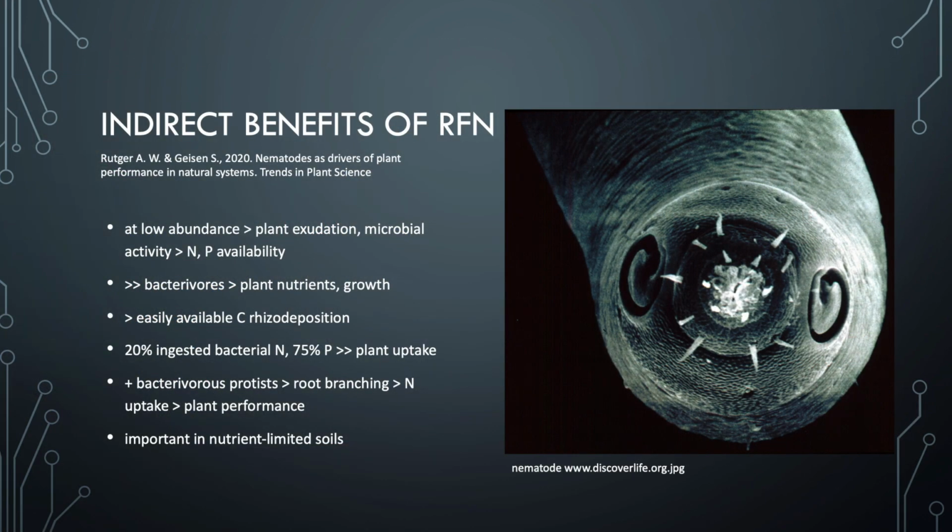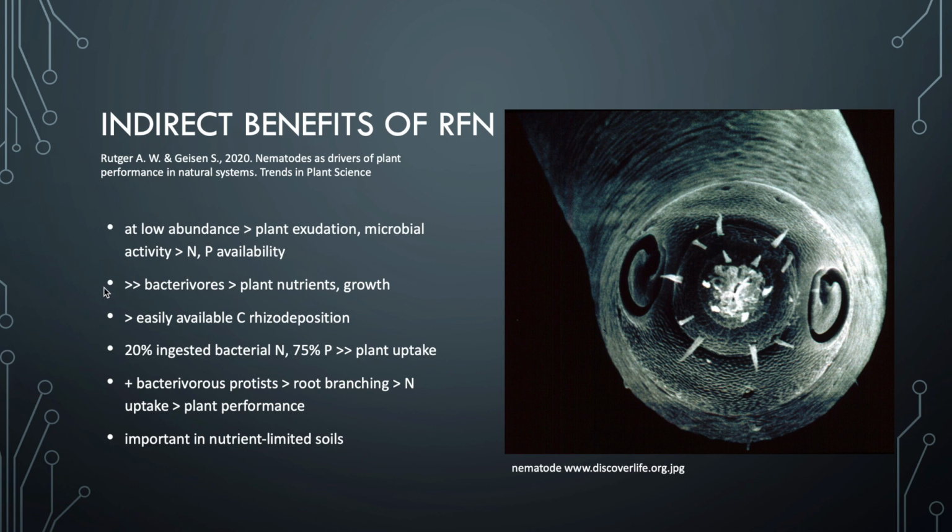And of course, there are also indirect benefits of root-feeding nematodes. So at low abundance, there is an increase in plant exudation, and we've already covered this at the beginning of the lesson, and therefore microbial activity, and therefore increased nitrogen and phosphorus availability to the plants in the soil ecosystem.